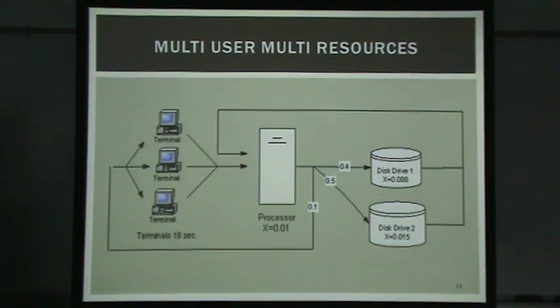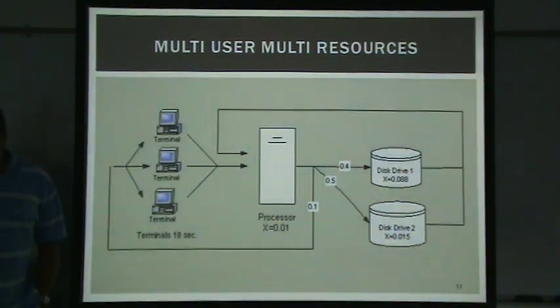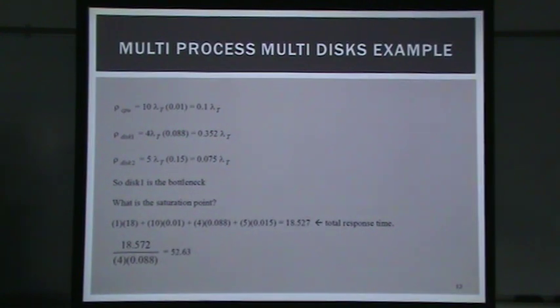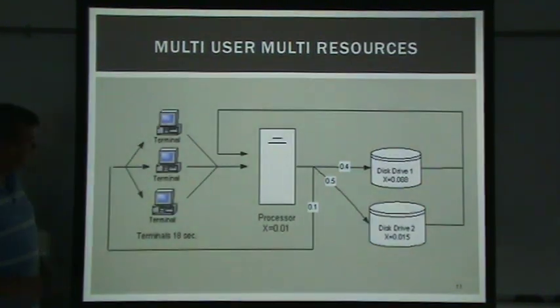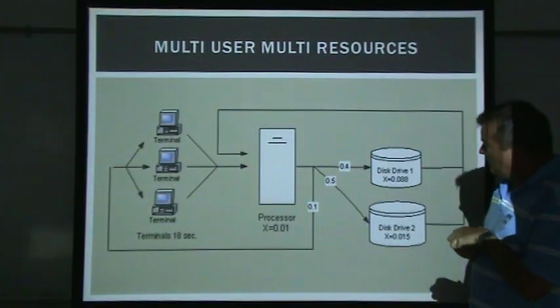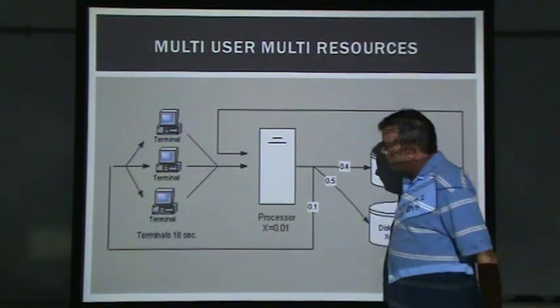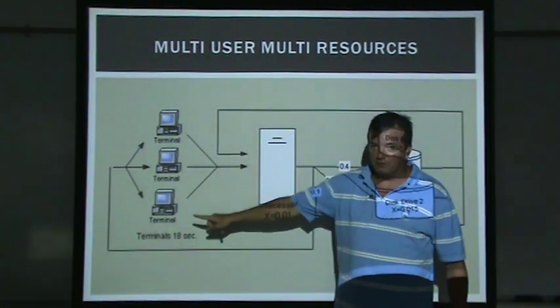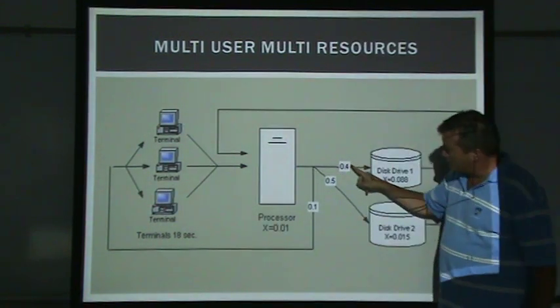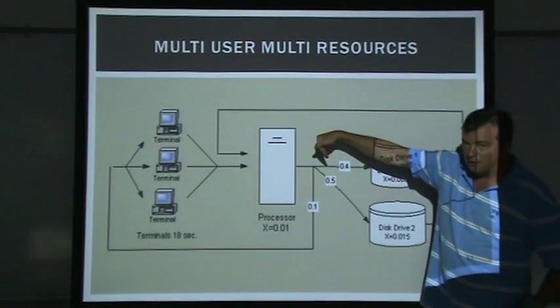So if we wanted to calculate how many visits we do at each of these systems, it's the same as the calculation before. Well, let me just cover this kind of intuitively. Every time you come into the CPU, 10% of the time you're done, and 90% of the time, 40% plus 50%, get merged together and start over again.